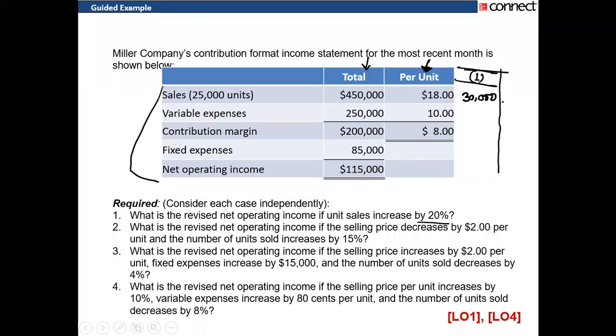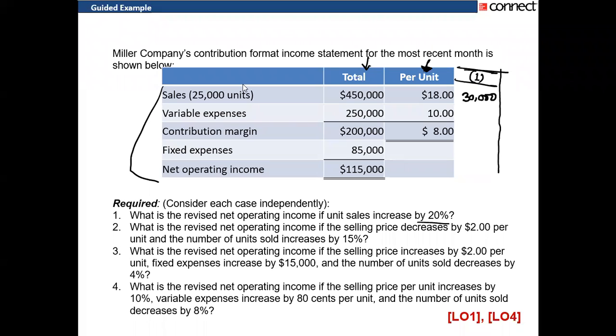Okay, now the variable expense ratio will be useful here. There has been no new information regarding the variable expenses, so we apply the existing relationship. Find the variable expense ratio from the information given, either by expressing 10/18 or 250,000 over 450,000. You should get a percentage.